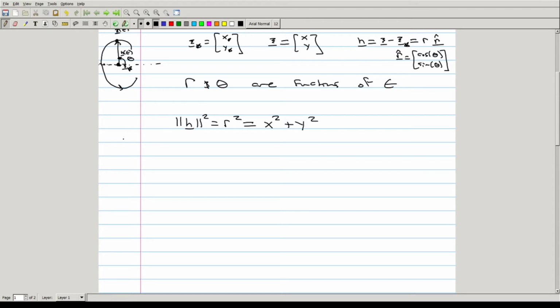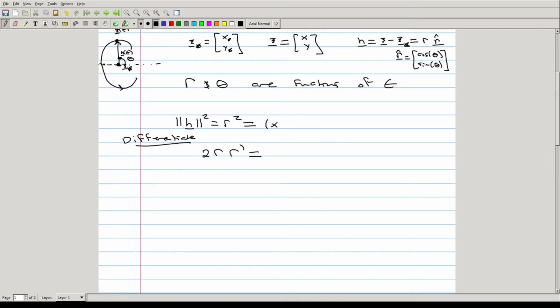The first thing we're going to do is differentiate this implicit relationship. And when we do this, we get that 2 times r prime is equal to, and I should be more specific here. This is only x squared plus y squared if x star and y star are 0.